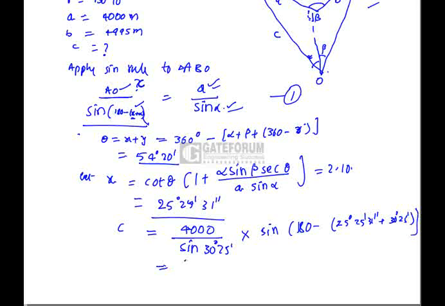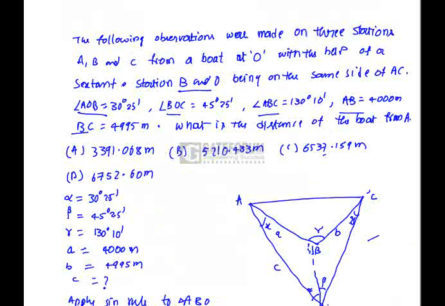By substituting these values we get 6537.159 meters, that is AO. So 6537.159, option C is correct.